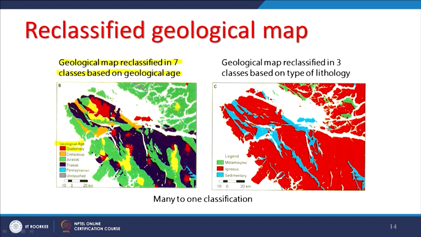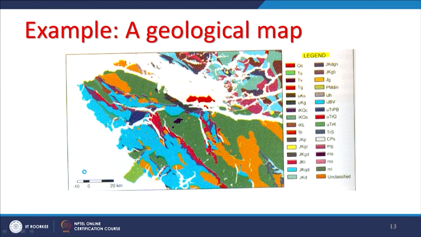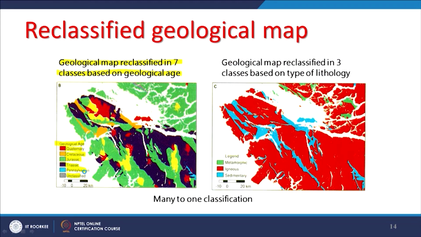In my attribute table I must have information about each polygon, or against each rock type, what their age is. If I have that information, the same polygon map I can reclassify using the age column or age field, as done here. So there are now 6 classes instead of 20, which made the map difficult to interpret; now I have reduced it to just 6 classes based on age, earlier based on rock types.